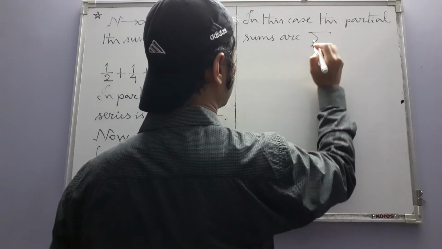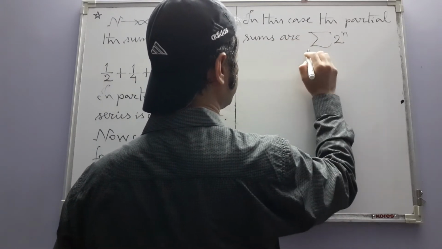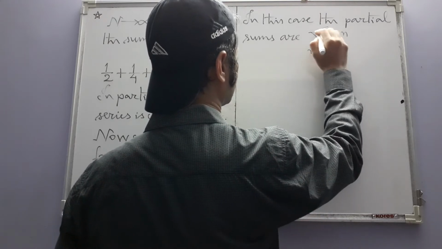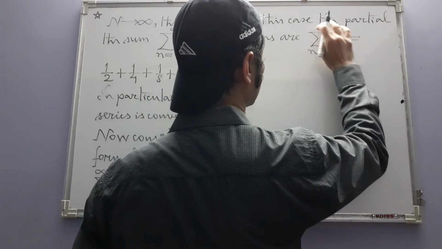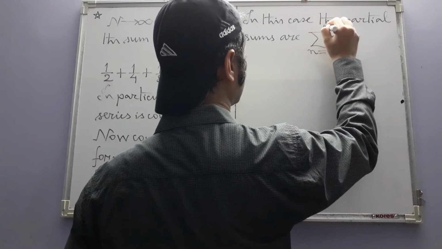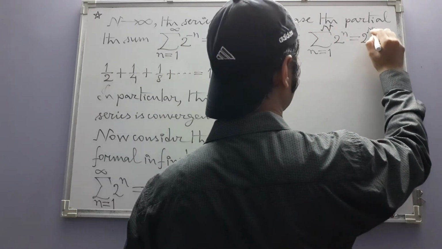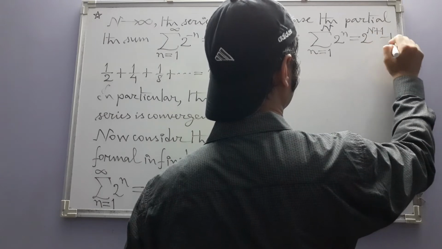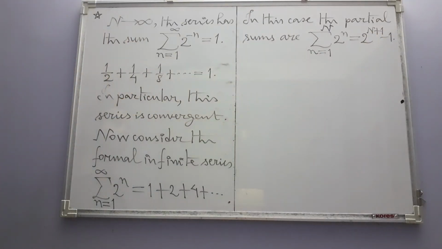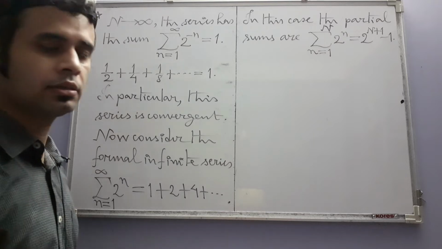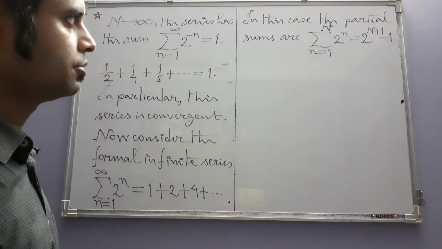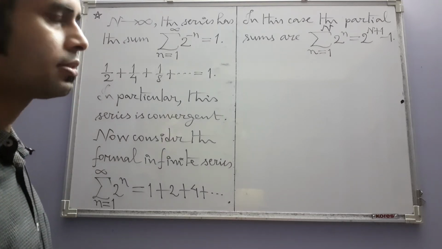In this case, the partial sums are these, which again can be either established by induction or you use your finite geometric series sum formula.